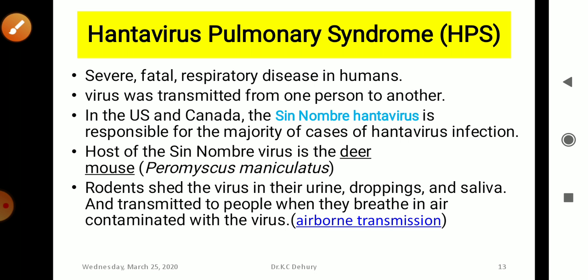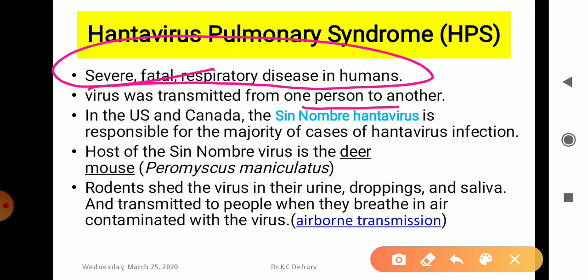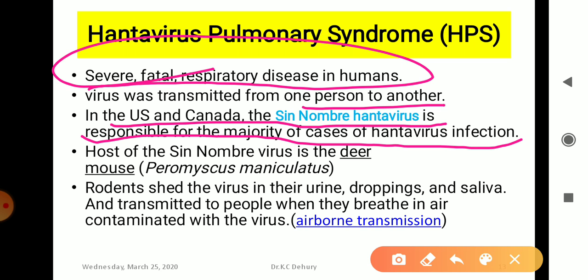So Hantavirus pulmonary syndrome is more found in the United States of America. This is a case where severe fatal respiratory disease is found in human beings. The virus is transmitted from person to person through air. In USA and Canada, sin nombre Hantavirus is responsible for the majority of cases of Hantavirus infections.